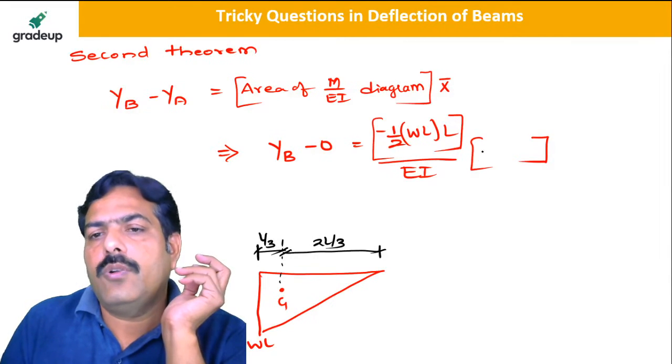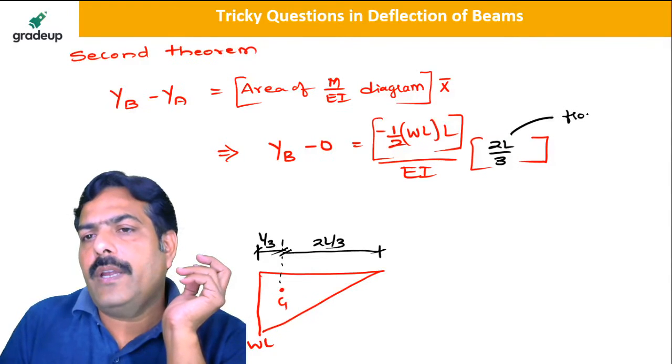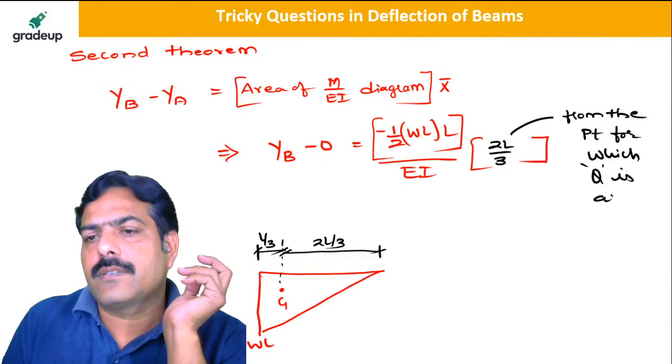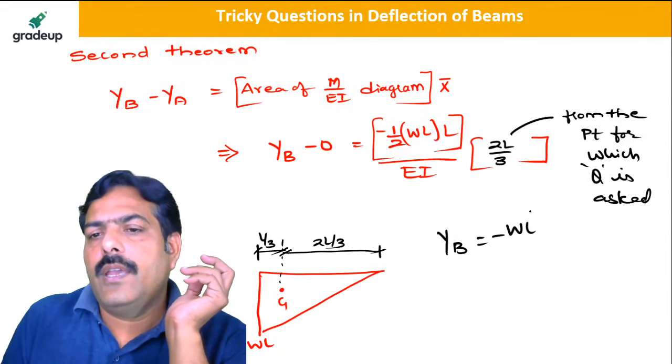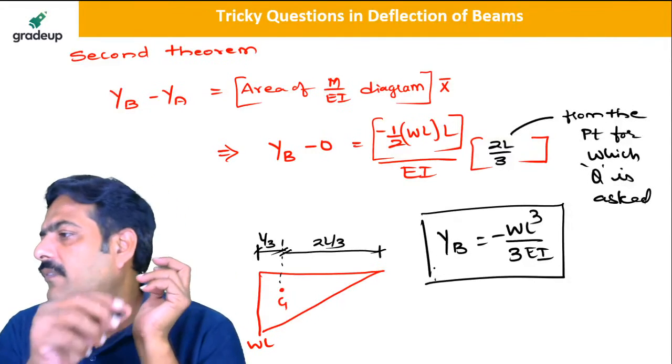So here we have to take the distance of the centroid, that is 2L by 3, from the point for which the question is asked. So my dear friends, your deflection is equal to minus W L cube upon 3 EI is the formula. Is it clear to all of you now? So likewise you can find out.